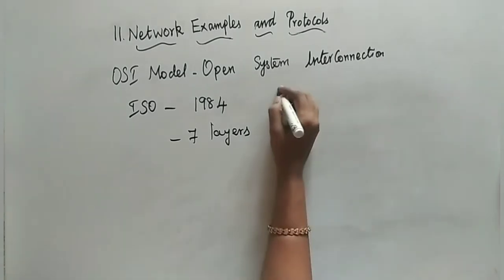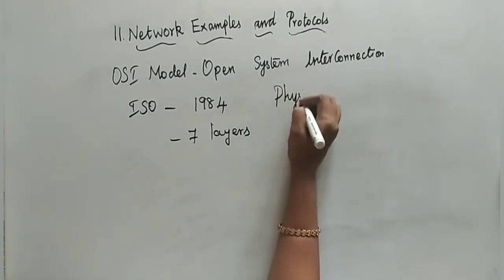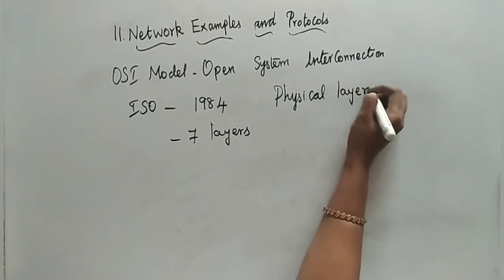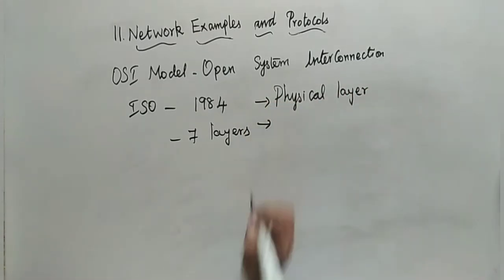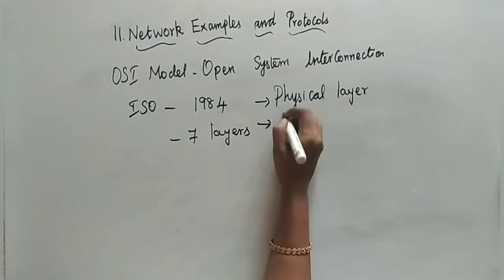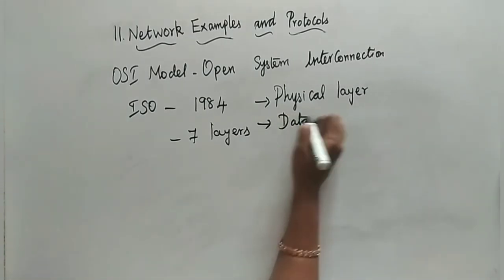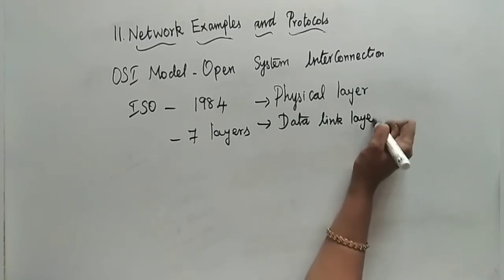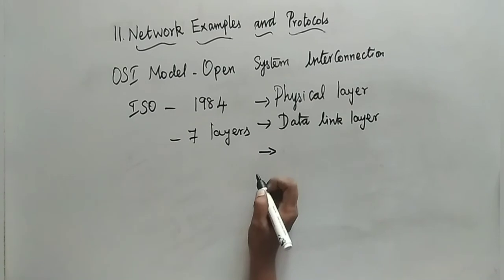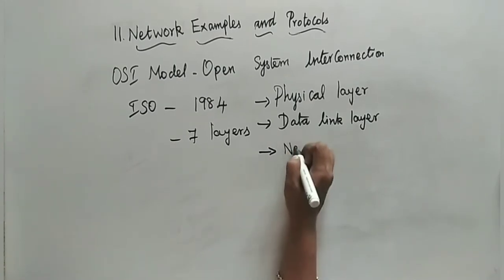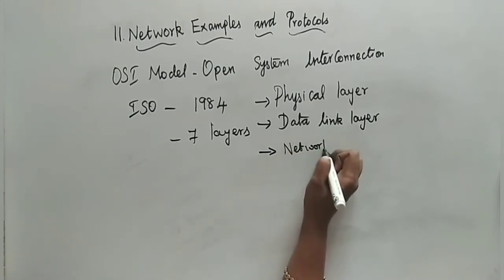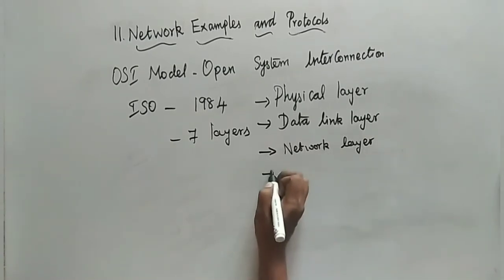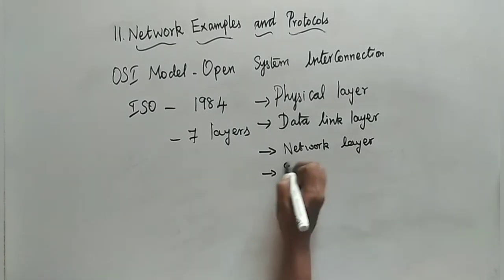Next is the data link layer. The third layer is the network layer.